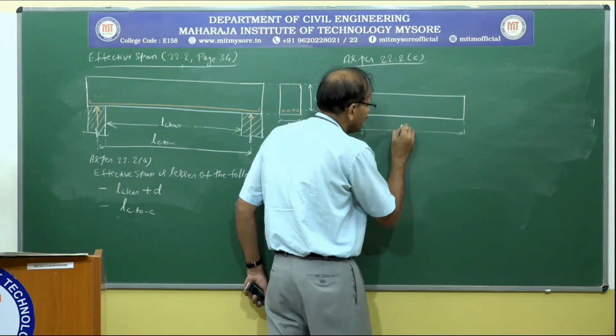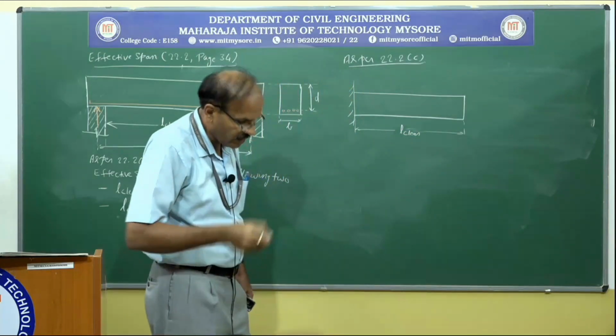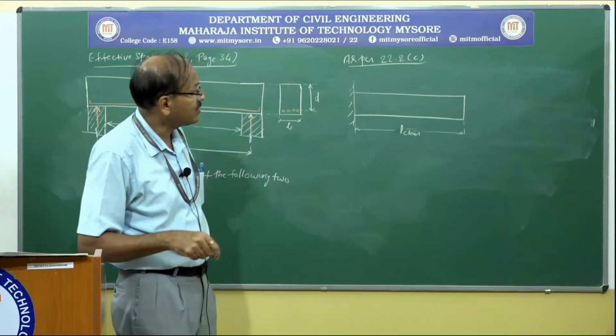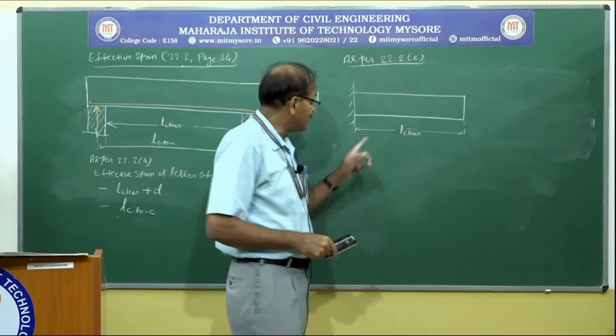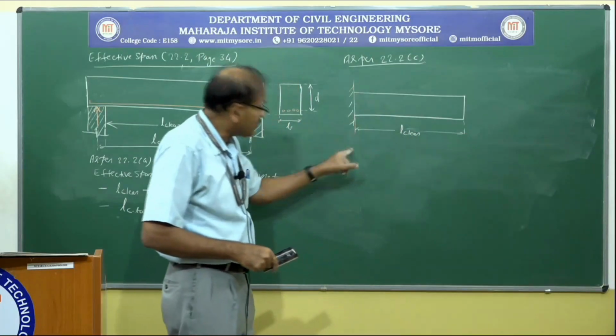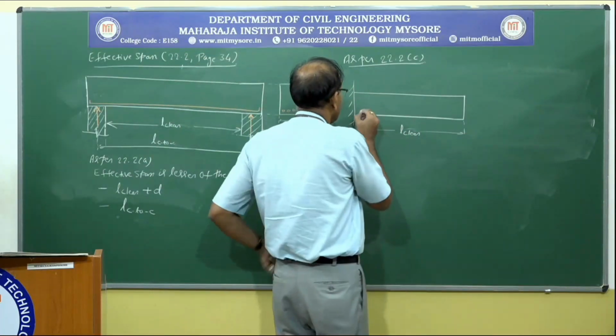Not the span, length. Whenever we come to a cantilever, we don't call it span, instead we call it length. So L clear is the clear length measured from the tip of the cantilever to the face of the support.